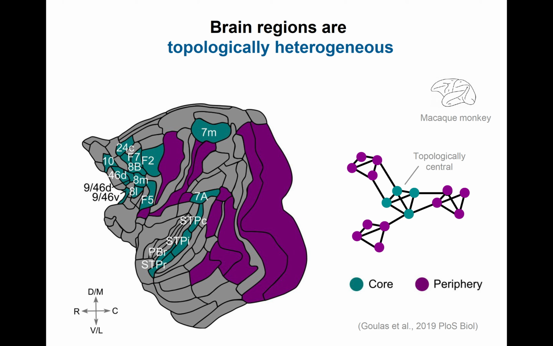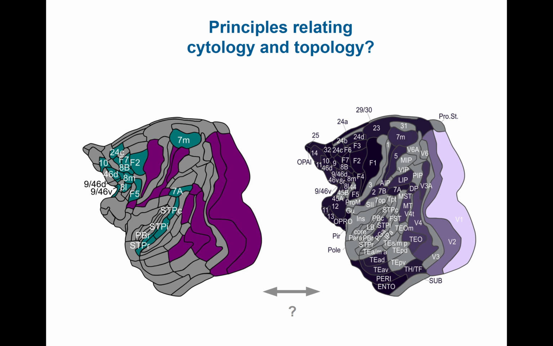In contrast, the periphery refers to areas that are not heavily interconnected with the rest of the brain. So we have to do with heterogeneity, but now at the level of connectivity, at the topological level. The question is, if and to what extent cytology and topology relate to each other across different species.